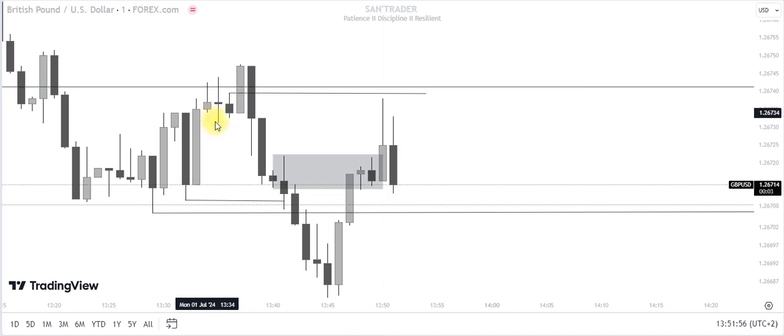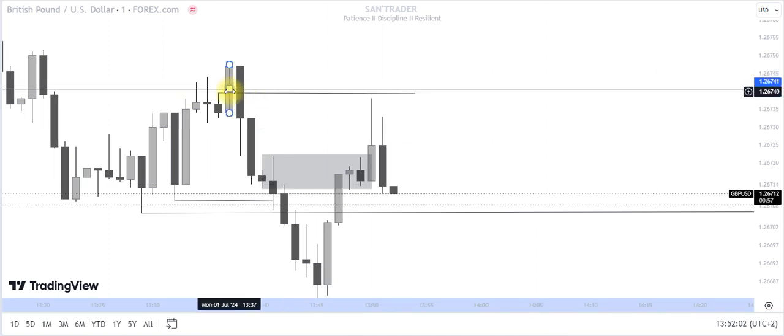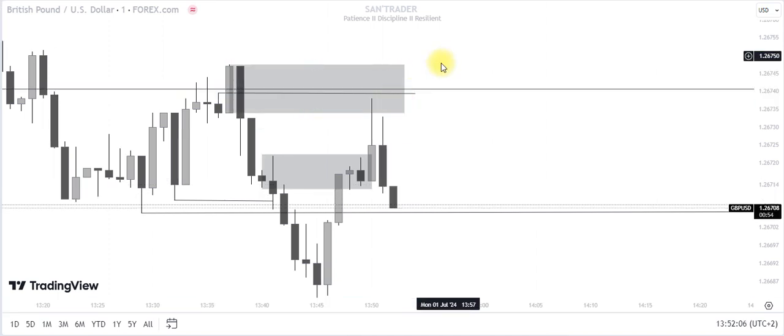Can you see that? This is a swing. That's a supply there.